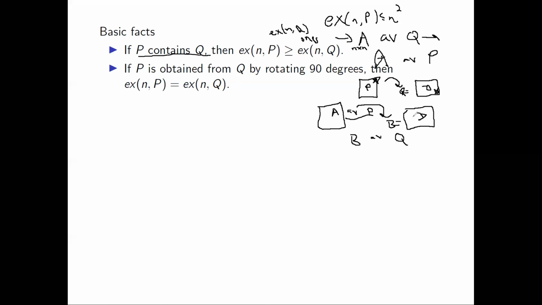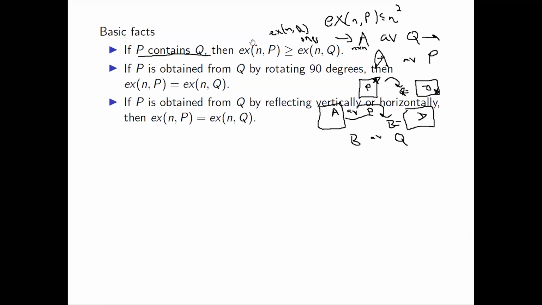So we know Ex of n comma Q is at least Ex of n comma P. And then we can apply the same argument with the rotation in the opposite direction to get that Ex of n comma P is at least Ex of n comma Q. So they're the exact same value. A rotation does not change the value of the extremal function. Similarly, we can reflect vertically or horizontally.